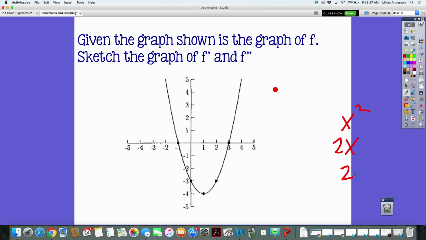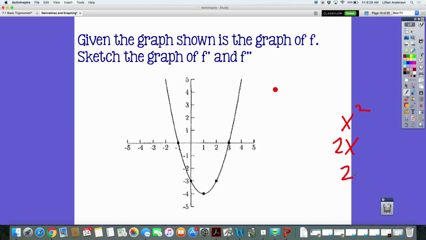Now, if you look at this graph here, we have a min, don't we? Minimums are called extrema, right? Yes. And if there is a minimum, that means the graph is going from negative to positive, is it not? Yeah.